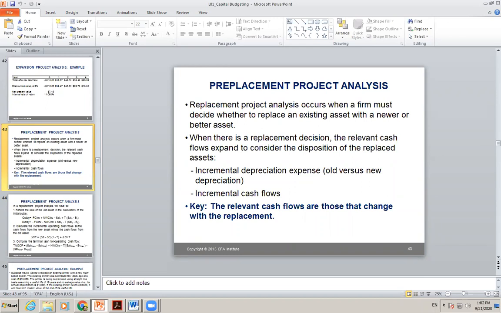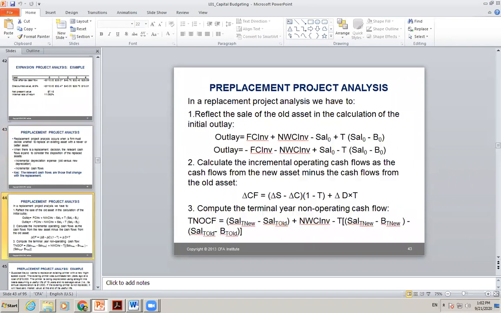When there is a replacement decision, the relevant cash flow expands to consider disposition of the replaced assets, incremental depreciation expenses, the difference between new equipment depreciation and old equipment depreciation, and incremental cash flows between the new and the old one. So these are the 3 parts of the replacement project analysis that we do.